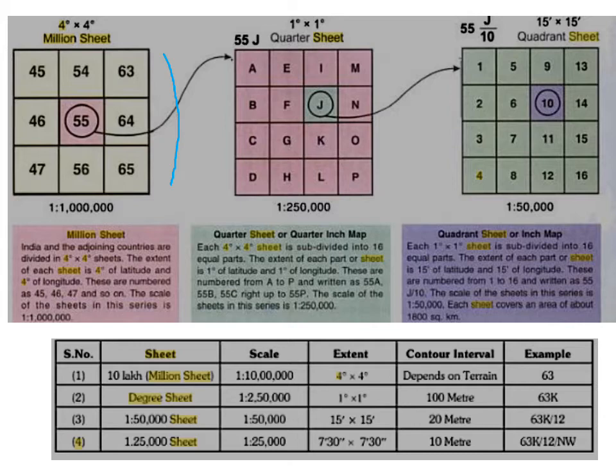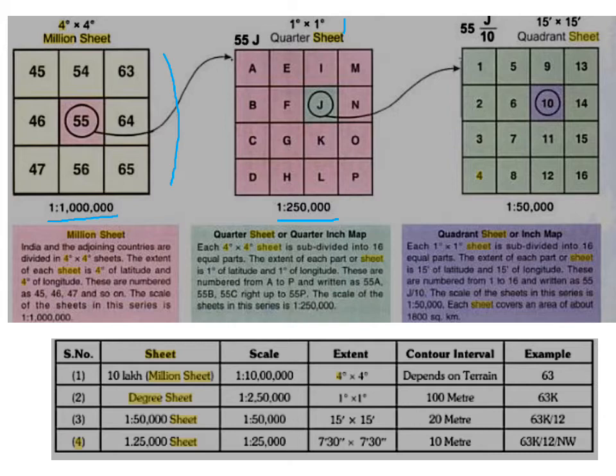And if you take one particular grid, each grid is further divided into quarter sheets, that is 1 degree by 1 degree sheets, and the scale for this is 1 is to 2,50,000, whereas for the 4 degree by 4 degree sheet it is 1 is to 10 lakh scale.